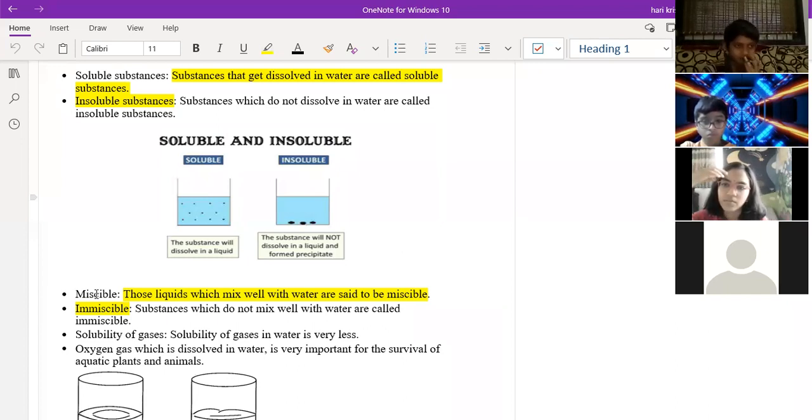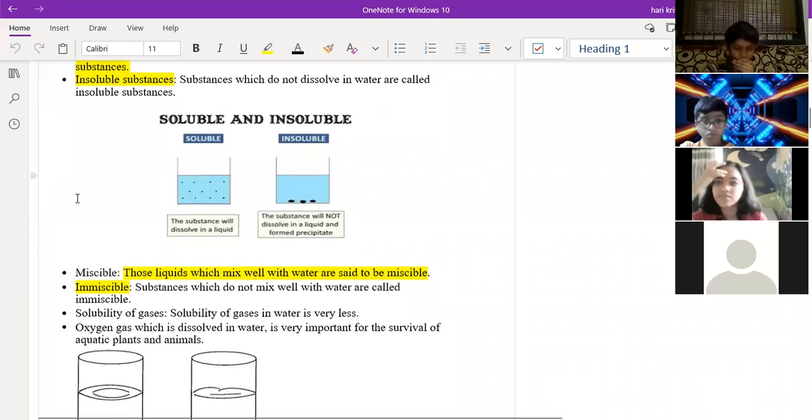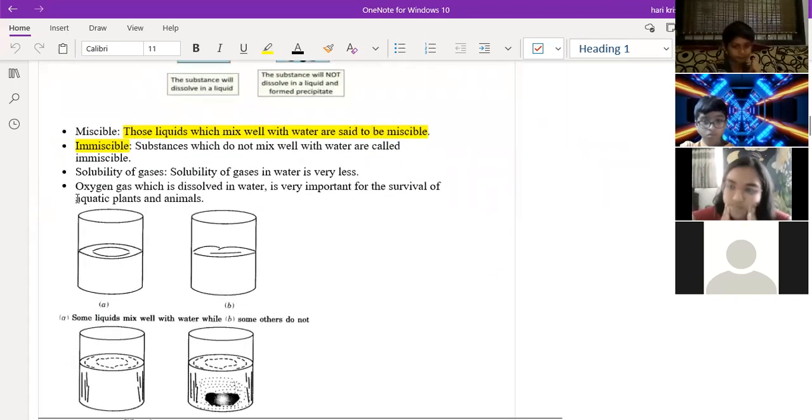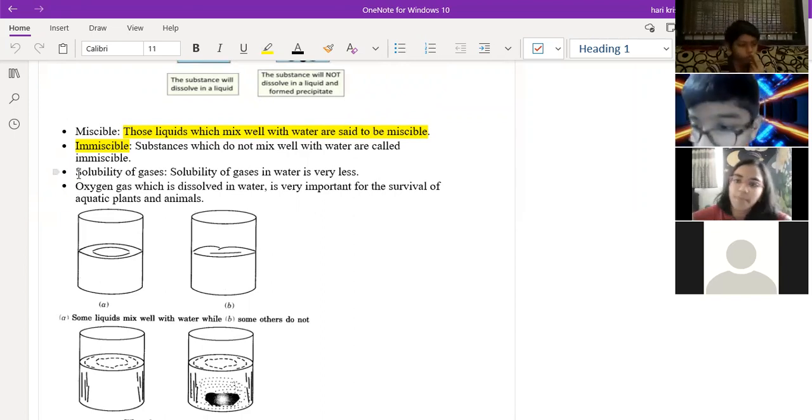Based upon this also you can classify substances into two different categories. Now, when you take cool drinks or aerated drinks and open the bottle, what sound do you get, Ashwath? When you open the cool drink bottle, what will happen?